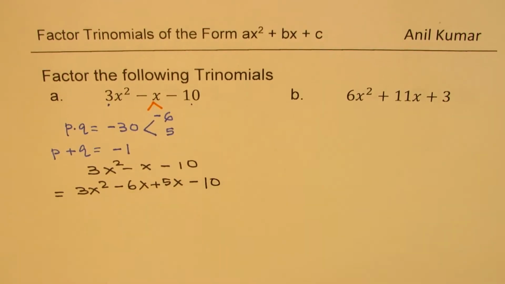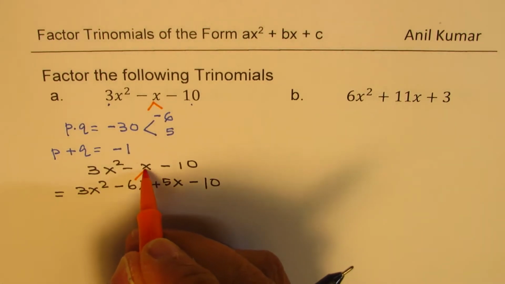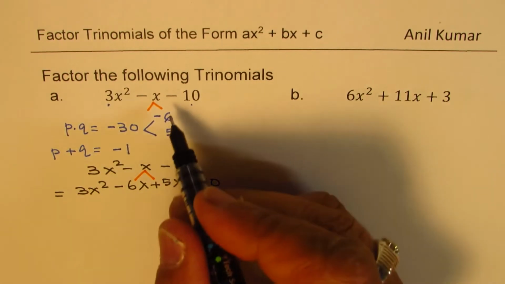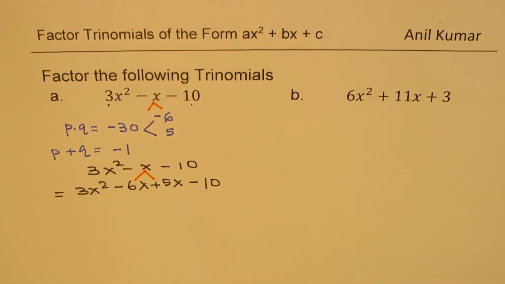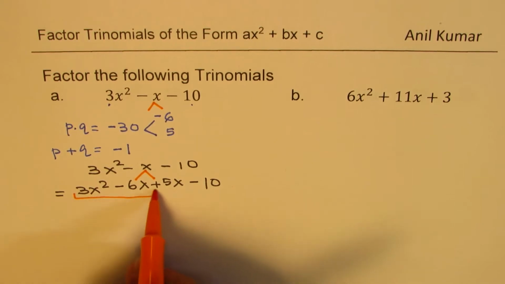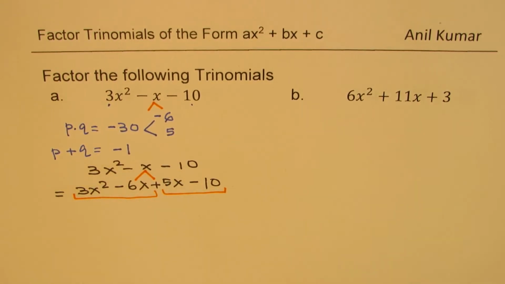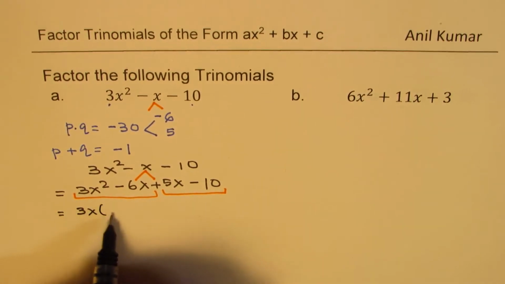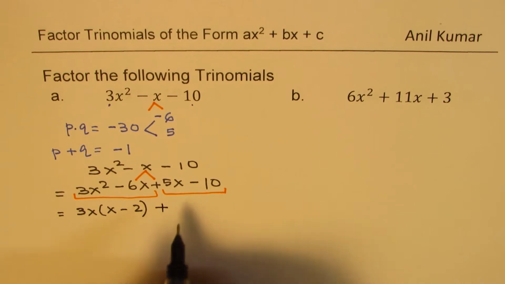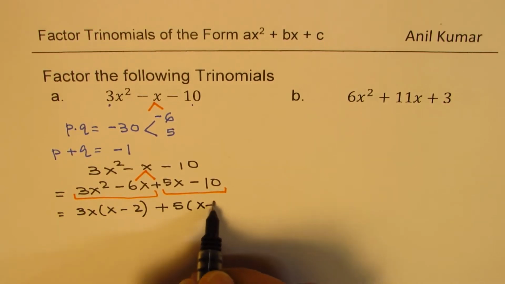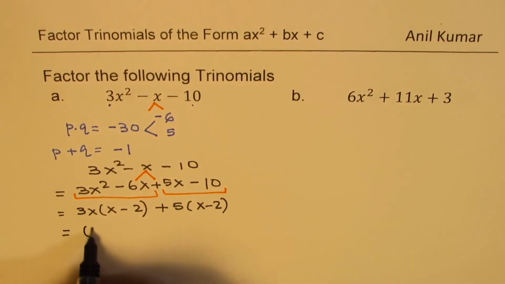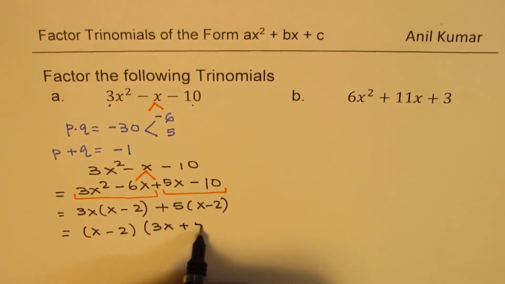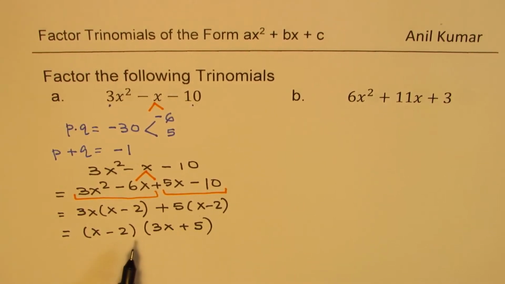So we split the center coefficient b in two parts, combination of minus 6 and 5. Now we'll group factor and then find the answer. So the group factoring, 3x is common here, we get x minus 2, plus 5 is common, we get x minus 2. And now x minus 2 is common between these two terms, so we get 3x plus 5 as the factored form. So that becomes our answer.